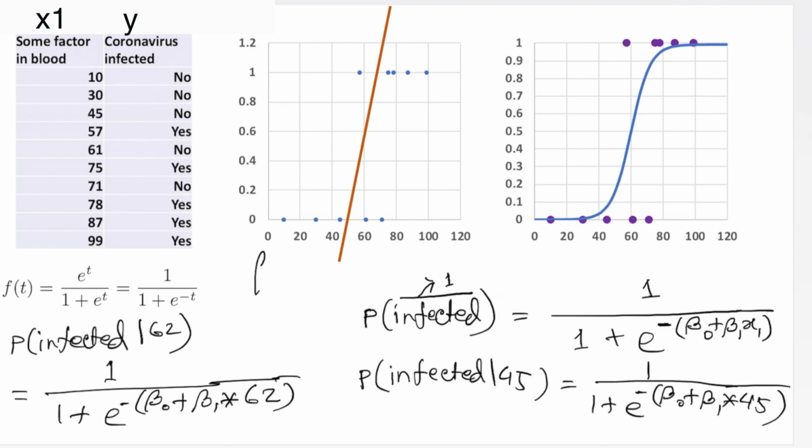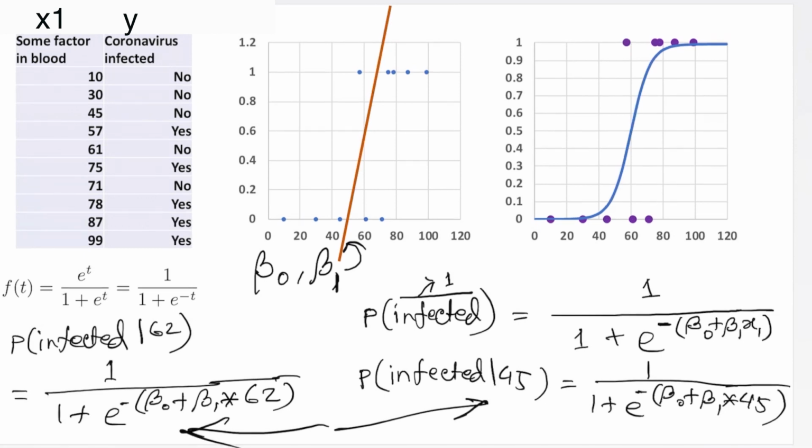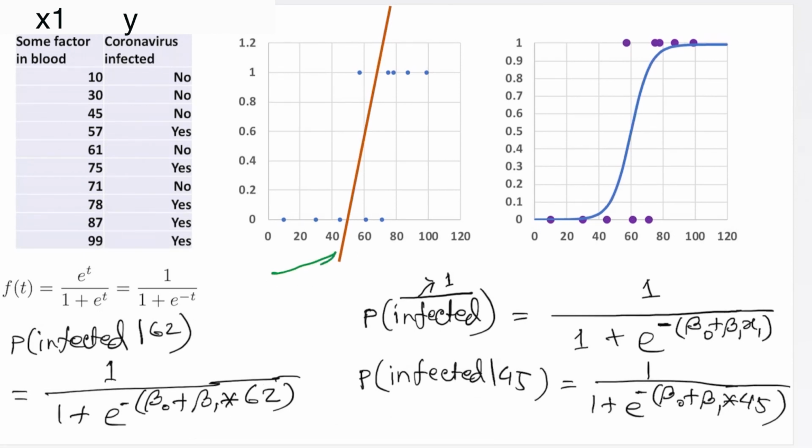If we already know beta naught and beta 1 for this particular line, then definitely we can come up with all these probabilities. For this particular line, I already pre-computed the beta naught and beta 1 values.